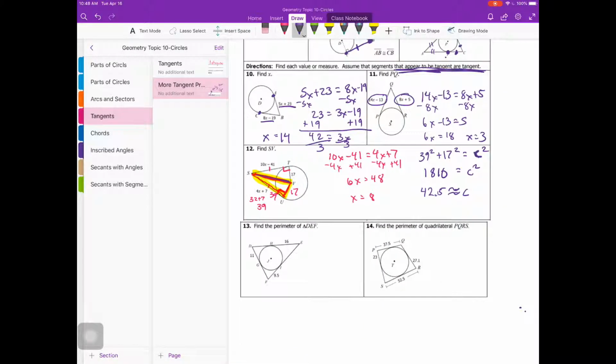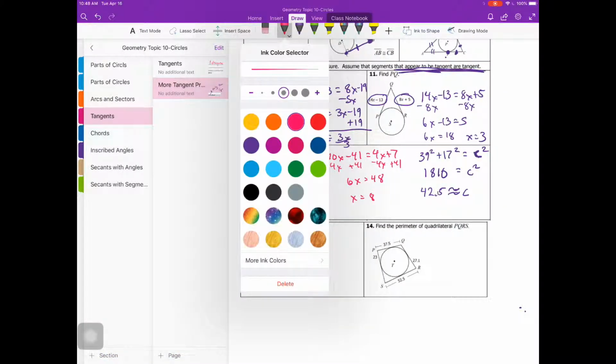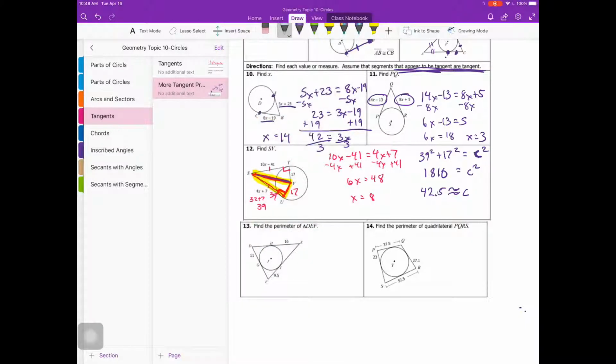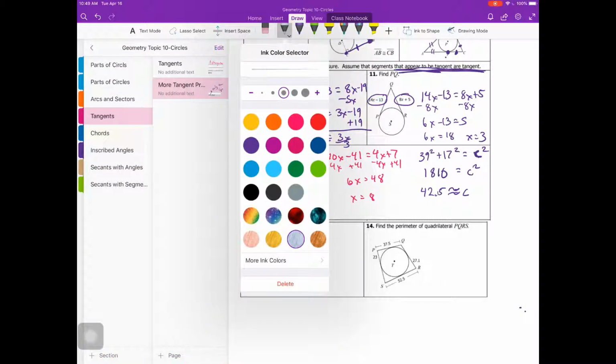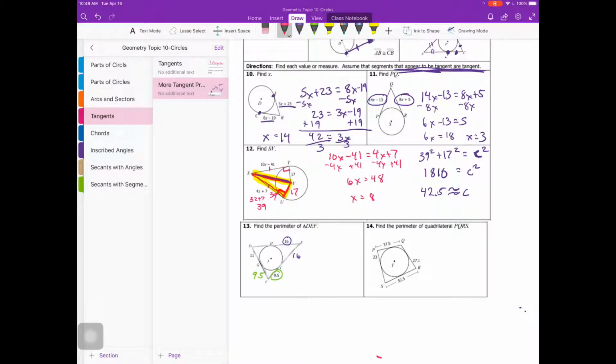Okay, so our next question asks us to find the perimeter of DEFG. This is not as hard as it looks, guys. If this is 16, then this is 16. If this is 9.5, then this is 9.5. And finally, if this is 11, then this is 11.